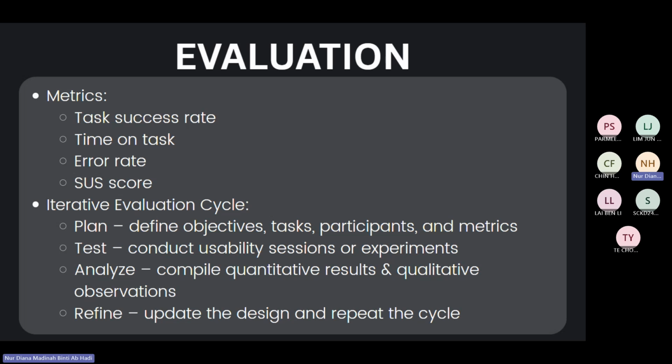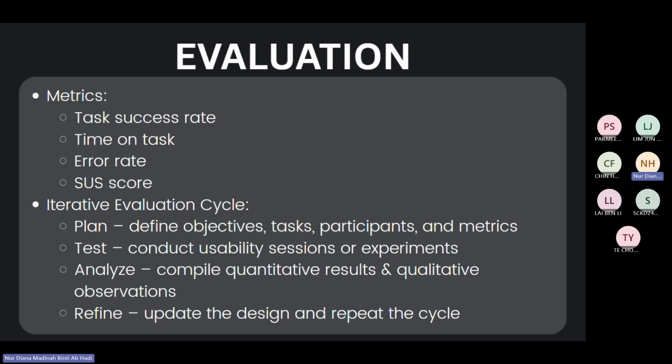P is for you to define the objective, your task, your participants, and your metrics that you want to cover for the evaluation. Test, you need to conduct sessions or experiments. Next, once you're done with your session, you need to analyze.